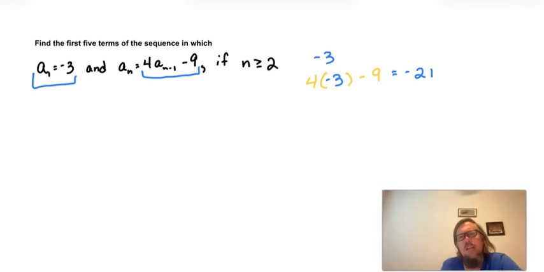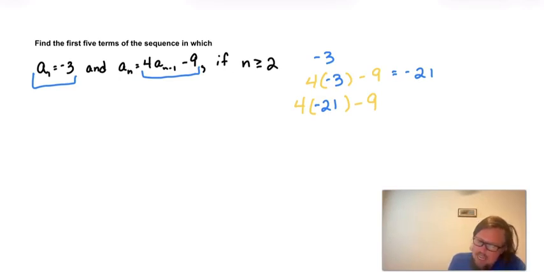Okay, so our next number is going to be -21. Then we'll do 4 times -21 minus 9. 4 times -21 is -84. And -84 minus 9 is -93.